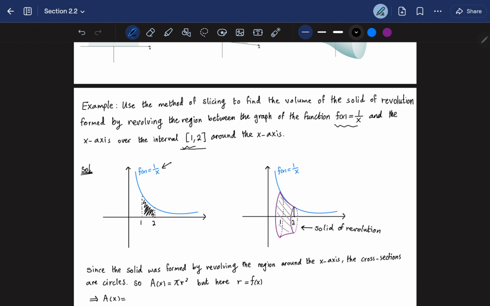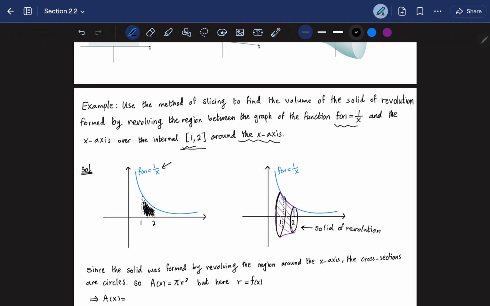And we have the region between the graph and the x-axis, so that's going to be the region that we want. Once you take this region, let's look at which line I want to revolve this region about. We want to revolve it around the x-axis. So you just rotate this whole thing around the x-axis, creating this solid.